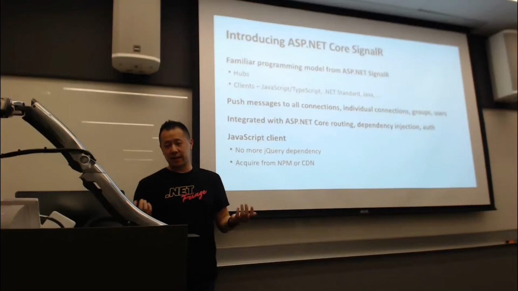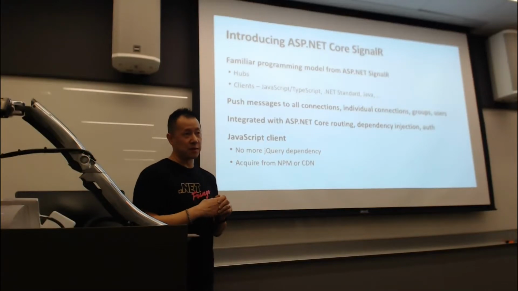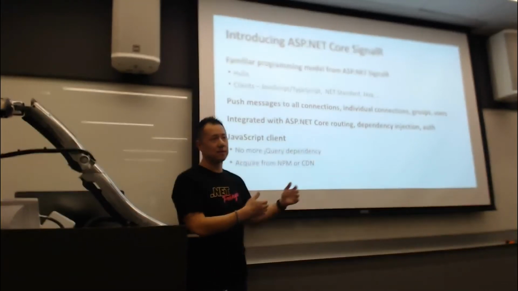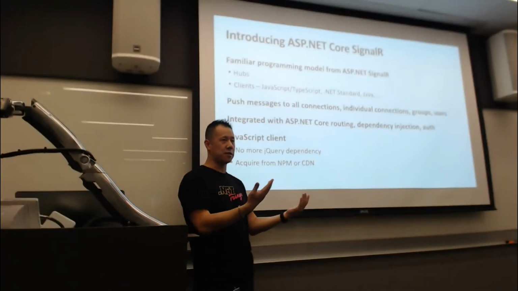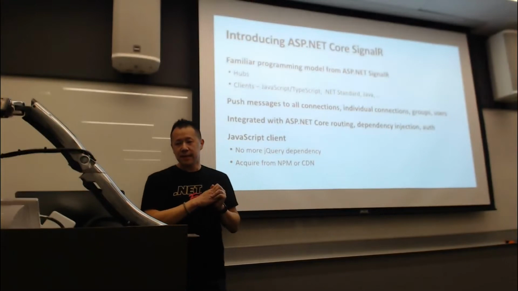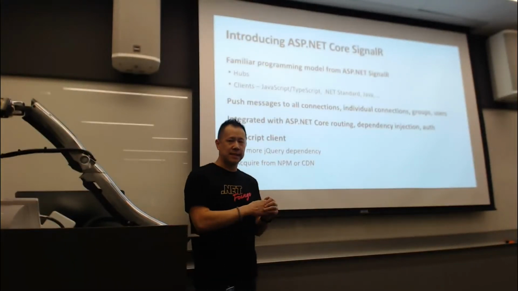Another thing we've done is that with Asp.NET SignalR, you would acquire the JavaScript library that you need to talk to it using NuGet, which is great for an Asp.NET application.